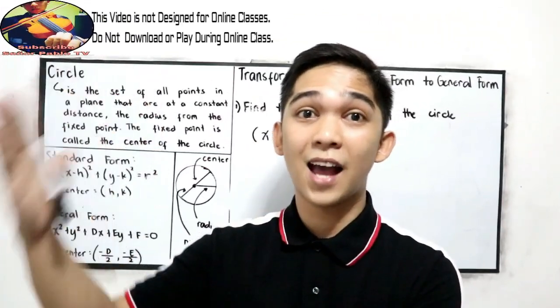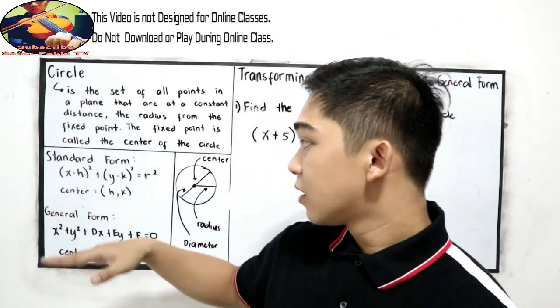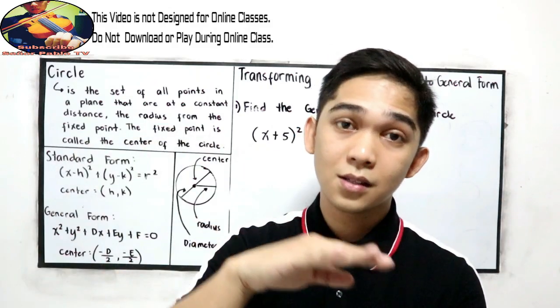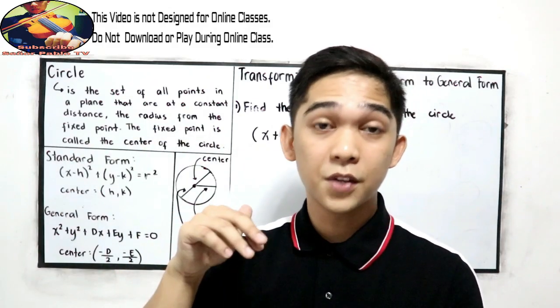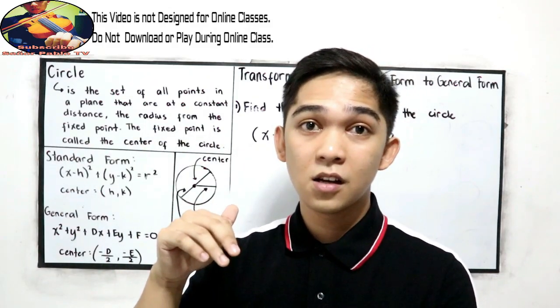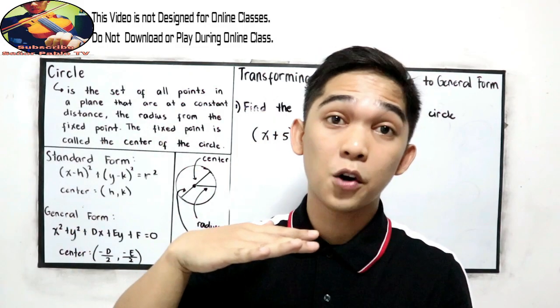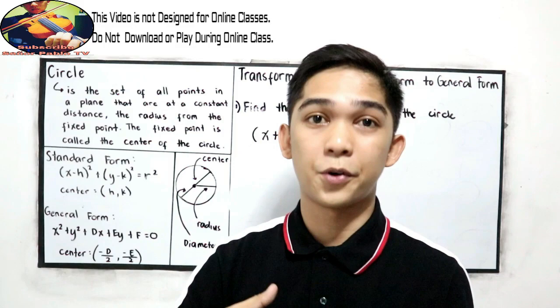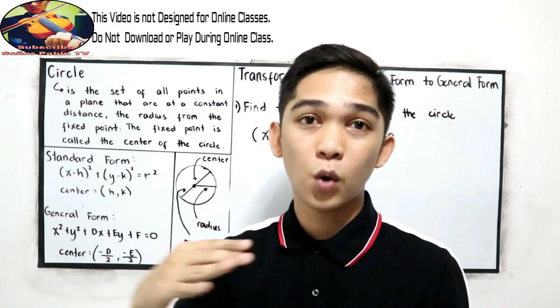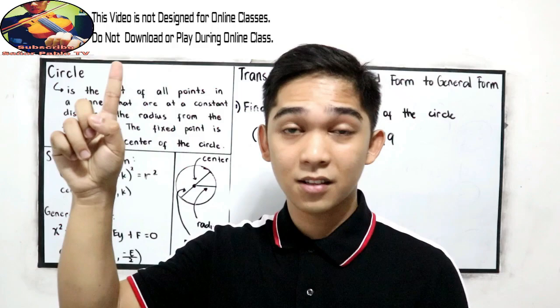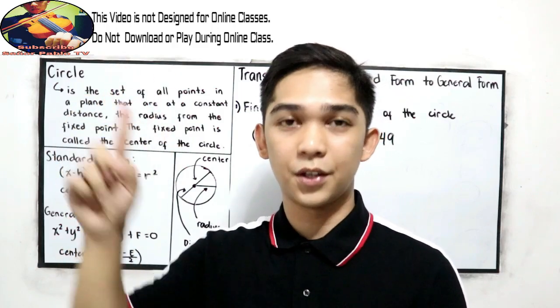In our previous discussion, we discussed transforming general form into standard form. In this video, we're going to discuss transforming standard form to general form. If you haven't watched the video, I will put it in our card. Just click the card, then it will direct you to that video.